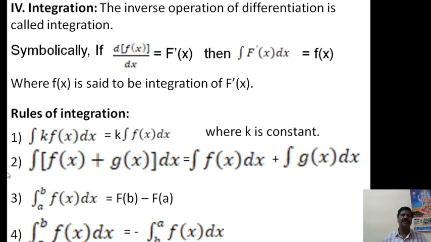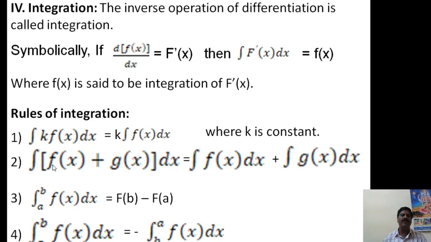The second rule is the integration of the addition or subtraction of f of x plus g of x dx. The summation or subtraction of two different functions can be separated by taking the integration of one function and then plus or minus the integration of the other function.